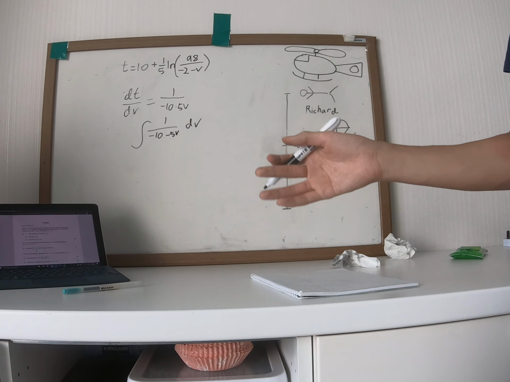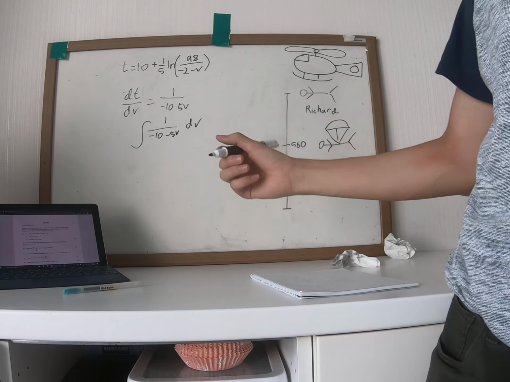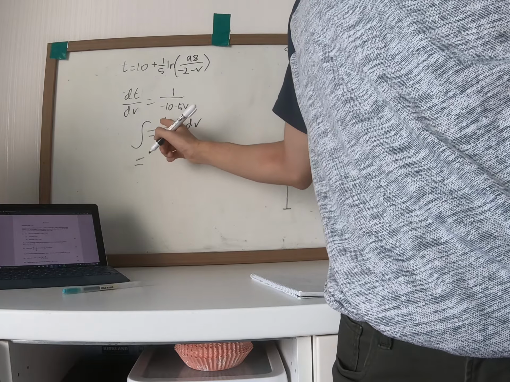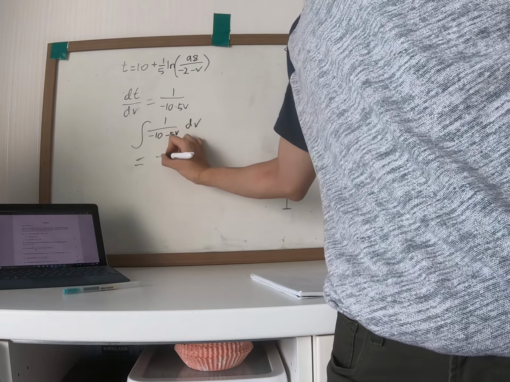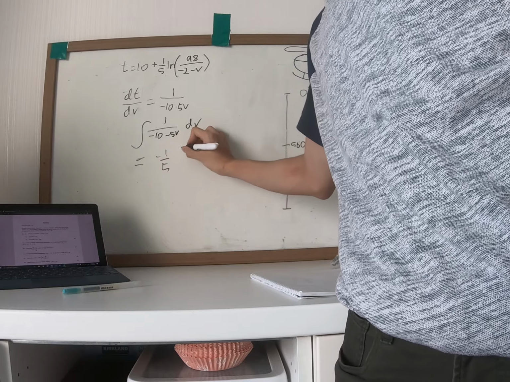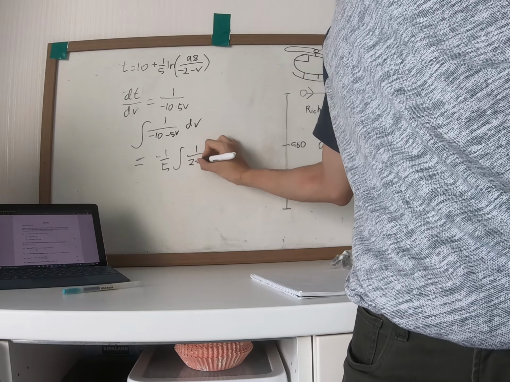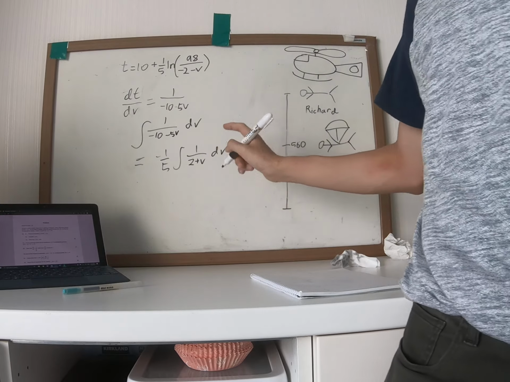That is the relationship between integration and differentiation. So if we do this integration, we can first bring out negative 1 over 5 to the outside to make our process a bit simpler. And we get this.